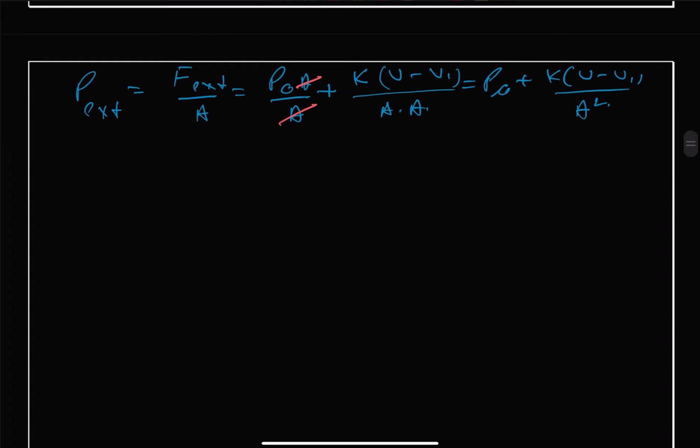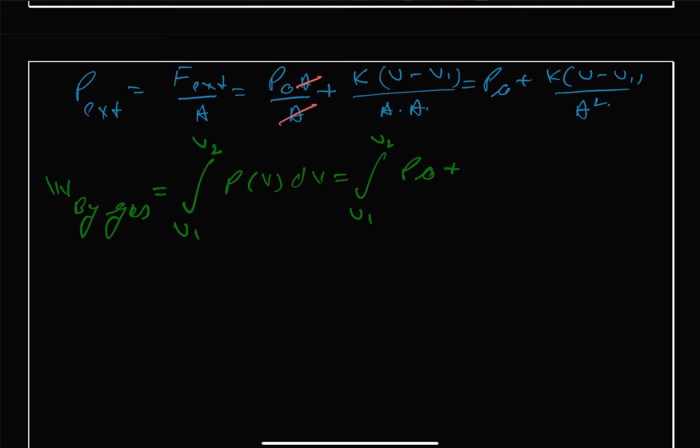So you can say work done by gas will be equal to integration V1 to V2 of P external dV, and we can write this as integration V1 to V2 of P_A plus K times (V minus V1) upon A square, times dV.